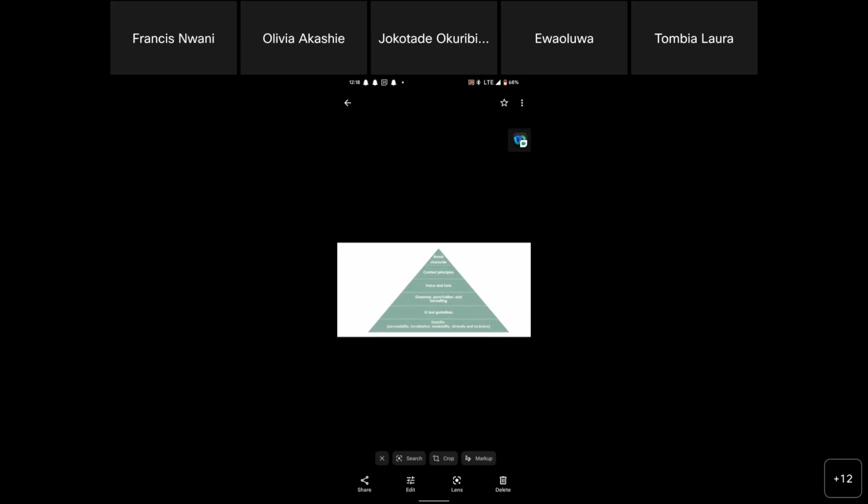Now we have two distinct individuals. How do we put our differences aside and still make the product sound the same? Because with the applications you use, you don't care who wrote it. Nobody knows the UX writer, but you know the voice. So how do we put our individual differences aside and make the product sound the same? That's where content style guide comes in.